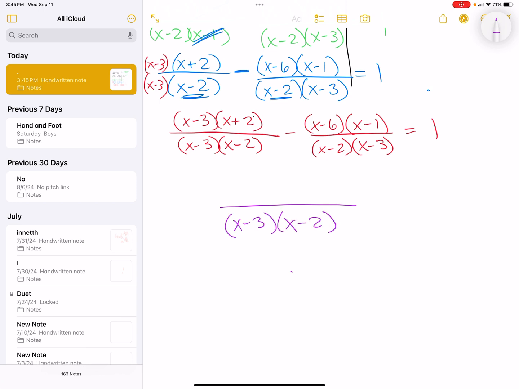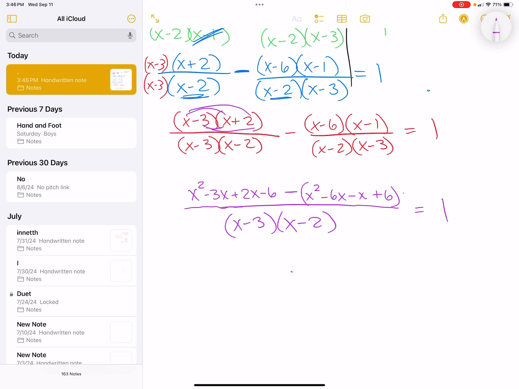So at the top on here, I'm going to go ahead and distribute it out so that I can combine like terms when I get everything together. So that's going to give me x squared minus 3x plus 2x minus 6 minus x squared minus 6x minus x plus 6. Okay, still equals 1.